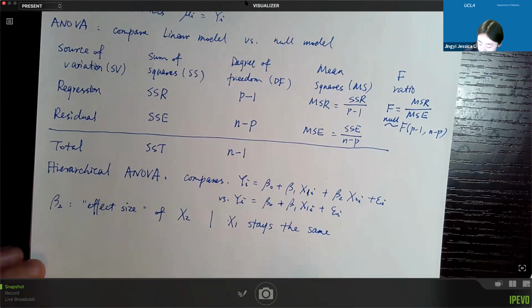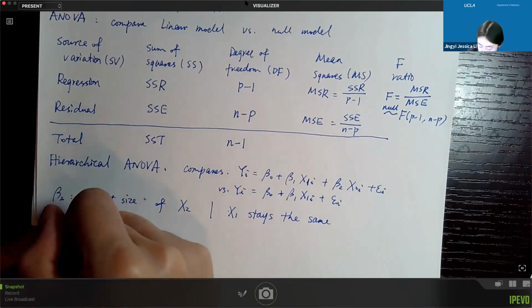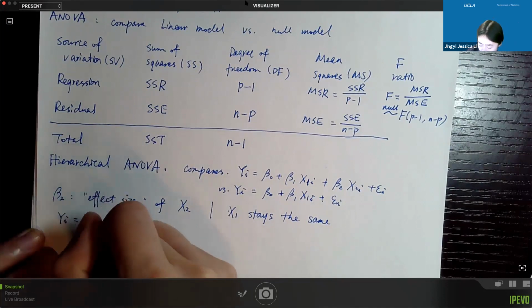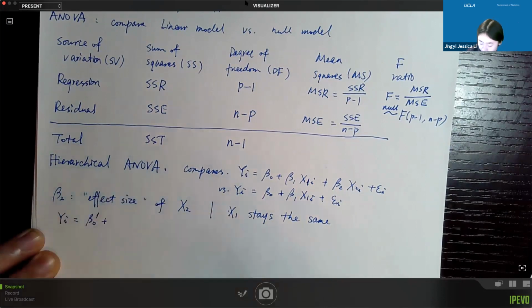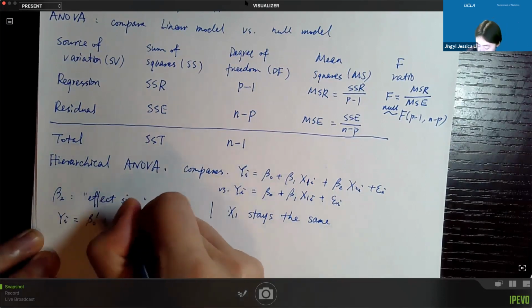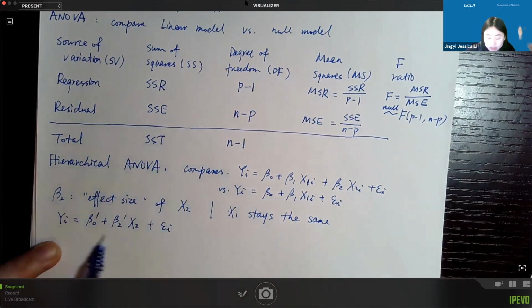So what I mean is that if I write this model as y_i equals beta 0, let me call this beta 0 prime, plus beta 2 prime x2 plus epsilon_i.